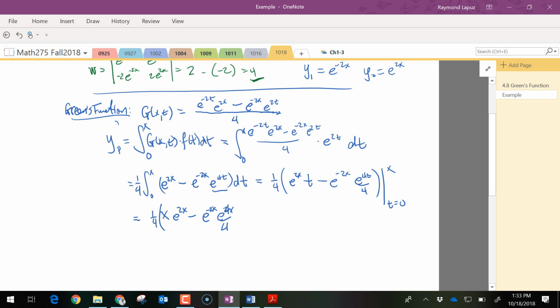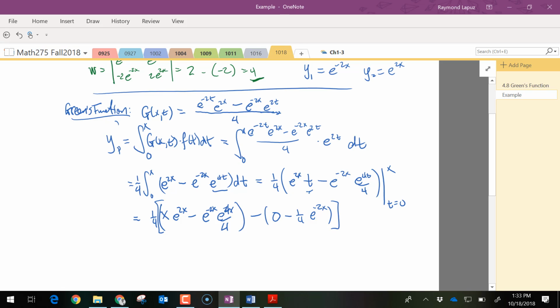Maybe I'll keep the 1/4 out for now. And then I put 0 in for t, and so the first one is going to be 0 because there's a t in there, and then 0 in for t, I'll keep the 1/4, and then e to the minus 2x.